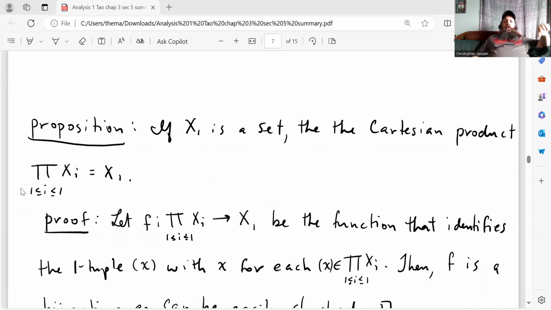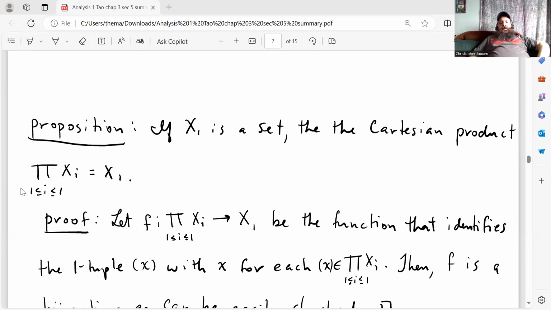Here's a proposition. Just to remind you, when I write something like this without a number after it, Tao says this in passing and asks the reader to give the explanation. He writes "why?" in parentheses with a question mark. So this isn't listed as a proposition in the book. It's just a statement, and then he asks you to supply the proof.